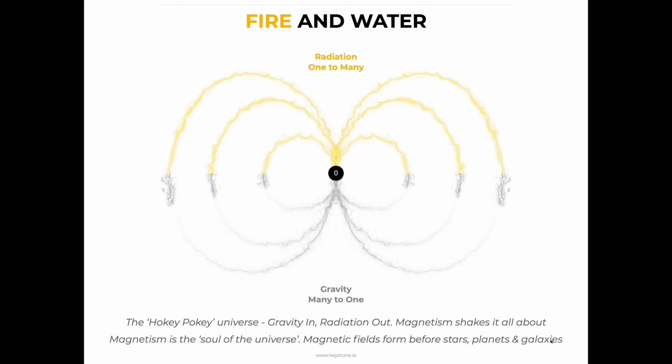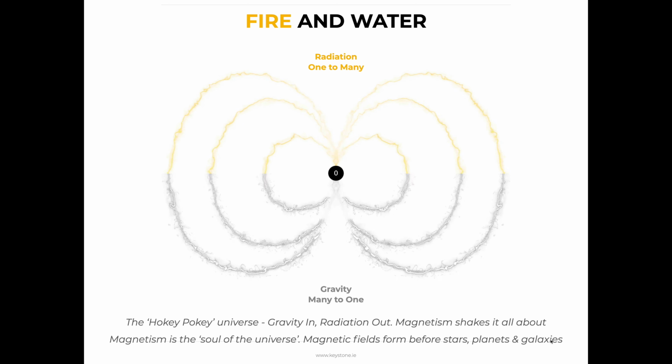It's shaped like a fountain, and 0 is the spring. At all levels we find this pattern, whether it's at the quantum level, whether it's at the cosmic level, or anything in between. Radiation and gravity are two poles of magnetism.